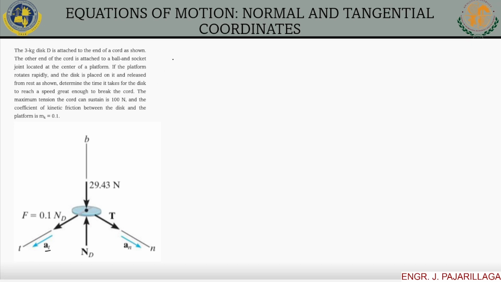Okay? So, now, using the three conditions kanina to be satisfied, yun yung gagamitin natin. Okay? So, the three condition is that the summation of forces tangential is equivalent to m a_t. Okay? Ano yung forces acting on the tangential? That is 0.1 N_D, or the normal force N_D.